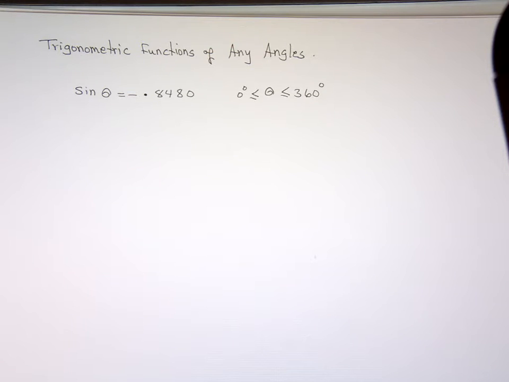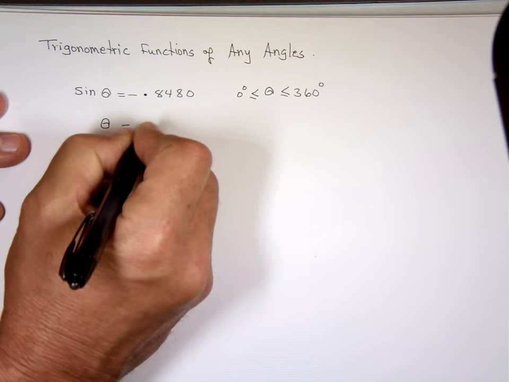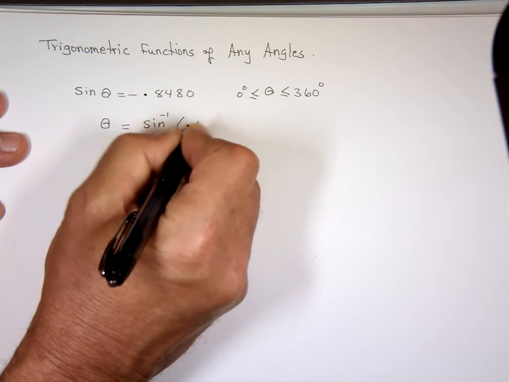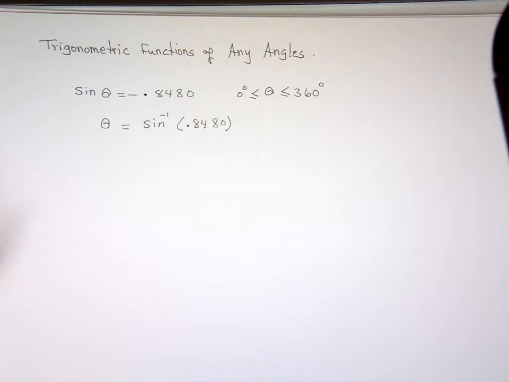Well, how are we going to figure out what the value is? Oh, that's straightforward. Just take your calculator out. If you're looking for the angle, you do the inverse sine. So, okay, where's my calculator here?